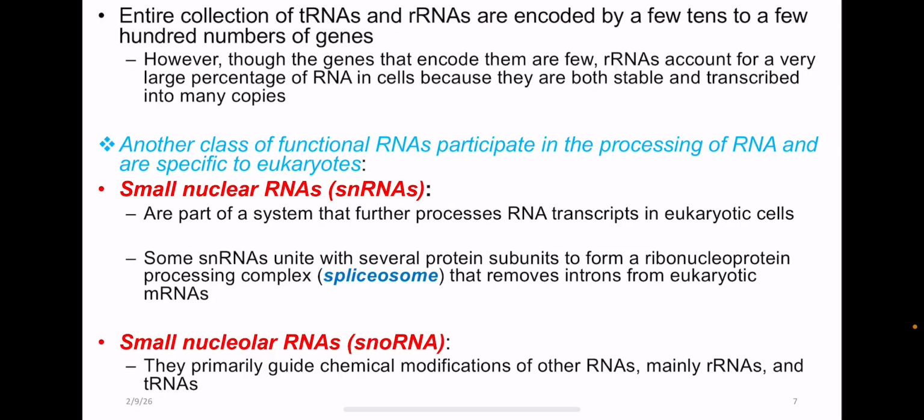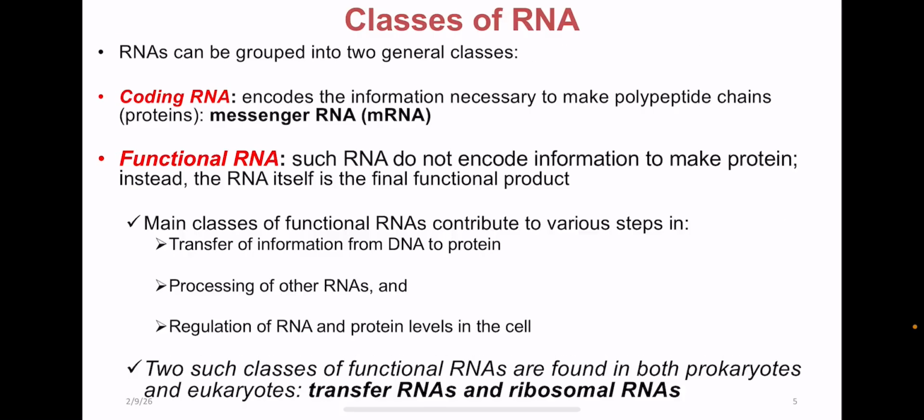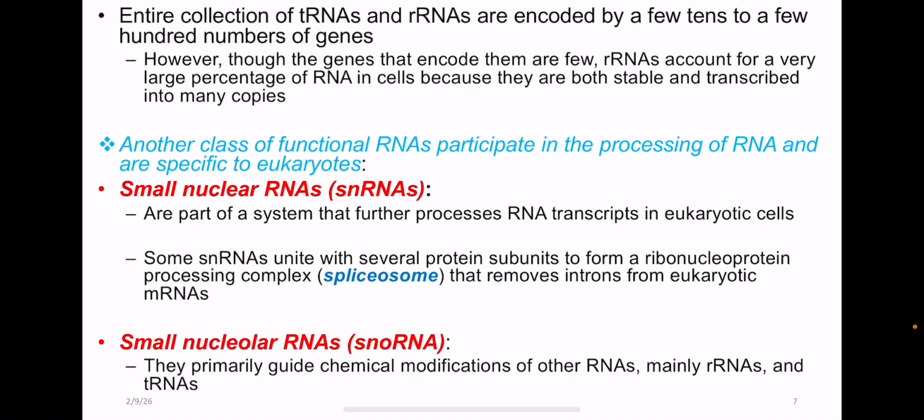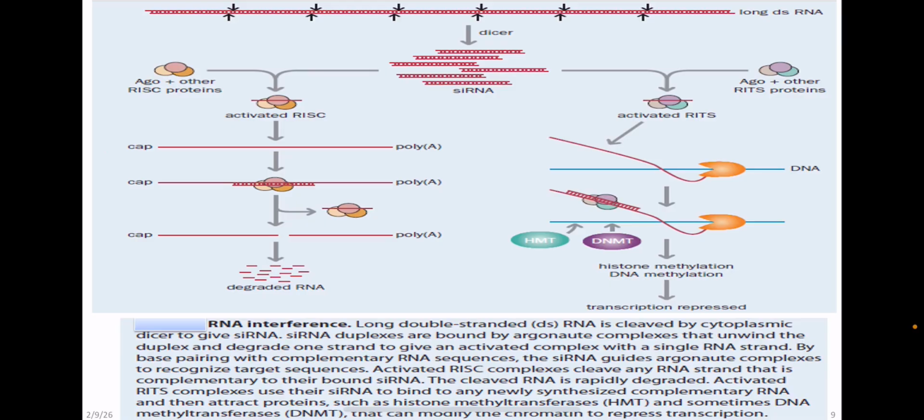And there are some that also help in regulation of genes. So the processing ones are what we just talked about, the snRNAs and snoRNAs, and those that regulate RNA and protein levels are the microRNAs, small interfering RNAs and the PIWI-interacting RNAs.